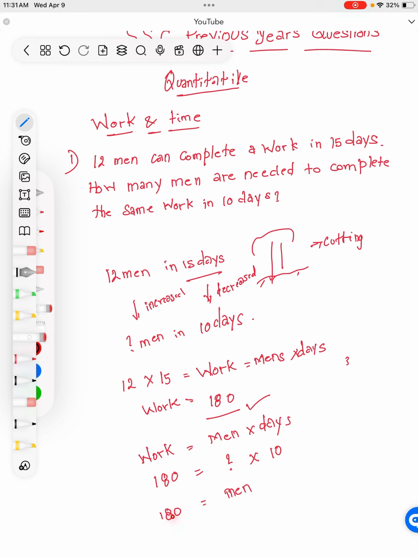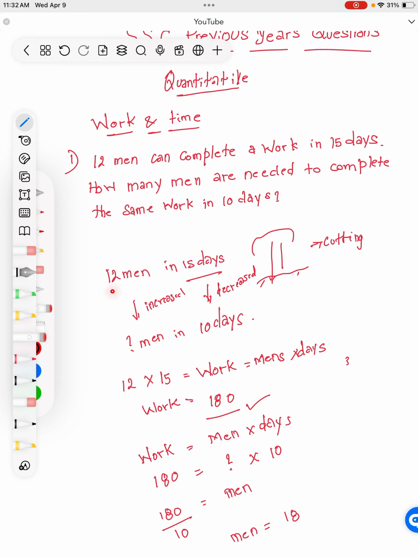You can send this 10 to the other side: here it was multiplication, so when you move it, it becomes division. Now men is equal to 18. So we have calculated that if you want to complete the work in 10 days, we need 18 people.